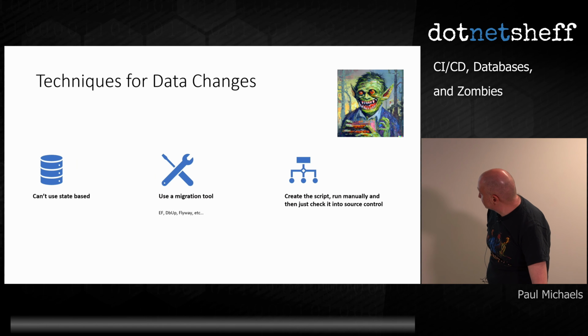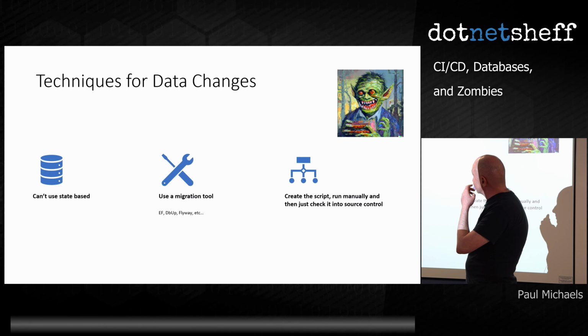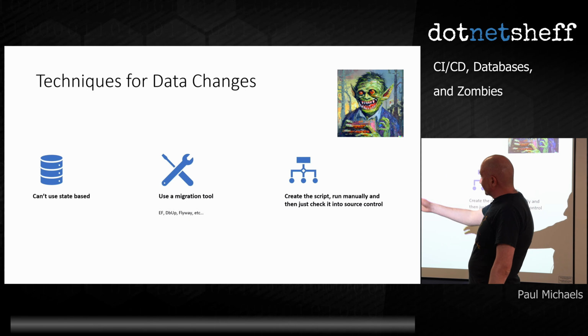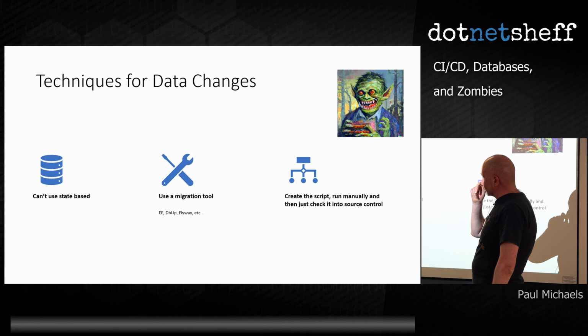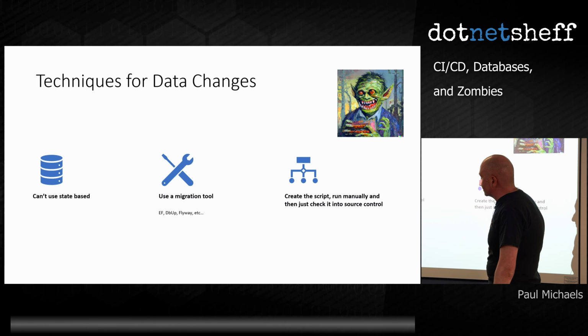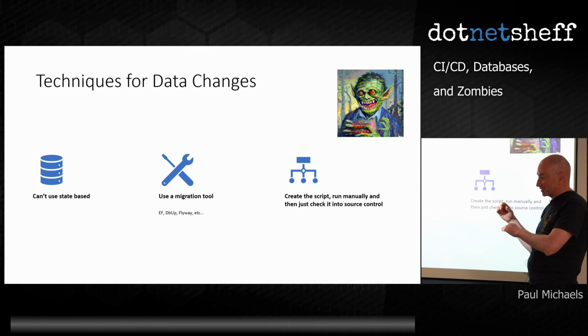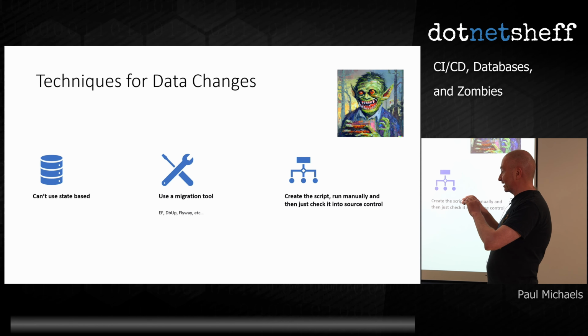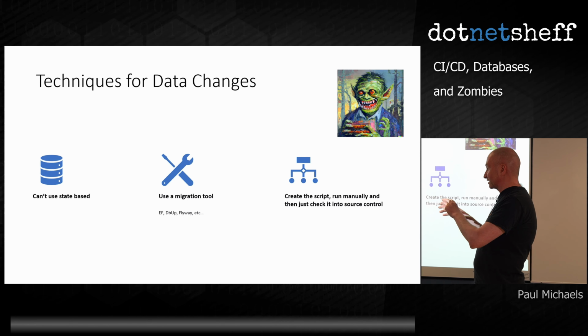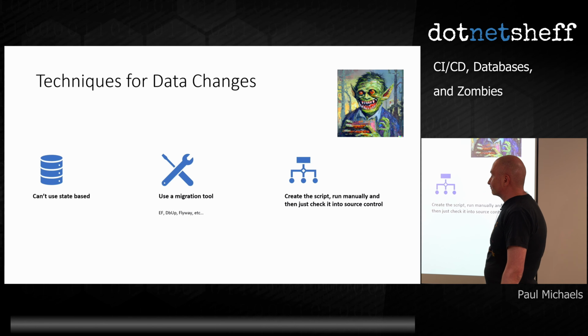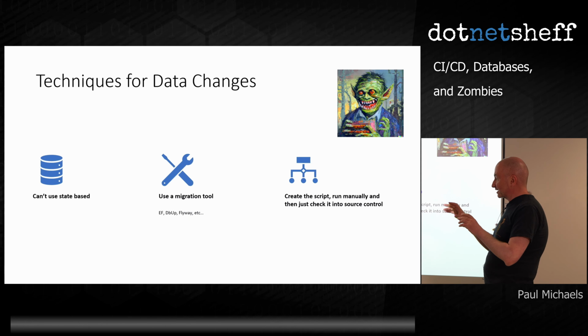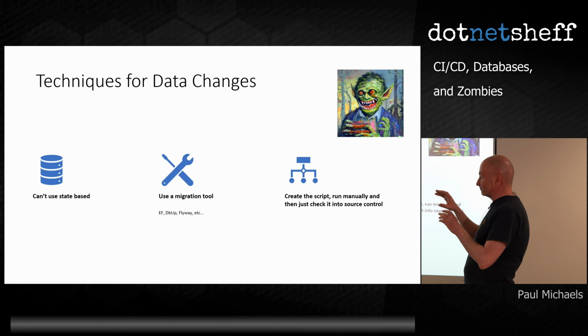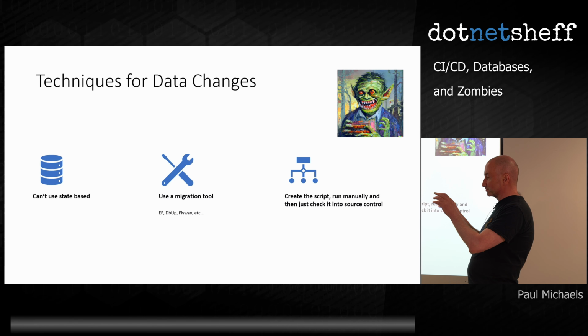All right, again, so techniques for data changes. I put you can't use state-based. It's not strictly true. You kind of can. You can override some of these state-based migrations and tell them actually you need to start inserting data and so on. But it typically uses, a bit like Entity Framework does, it'll treat that data as being part of the structure of the database.